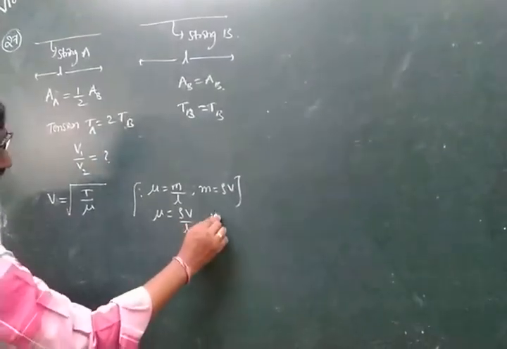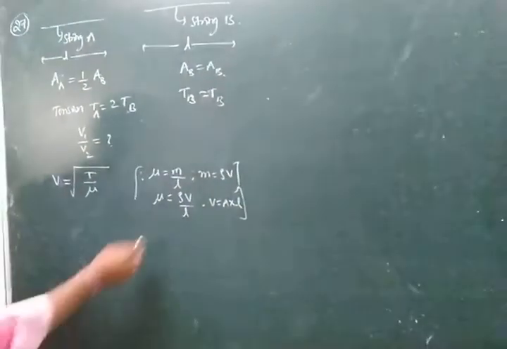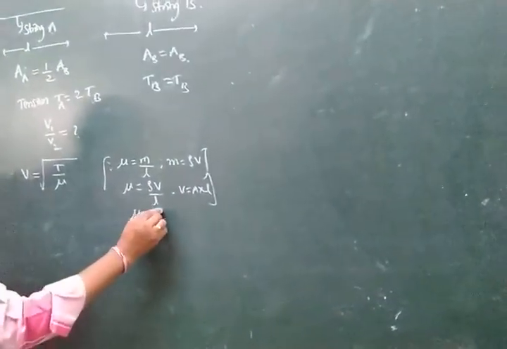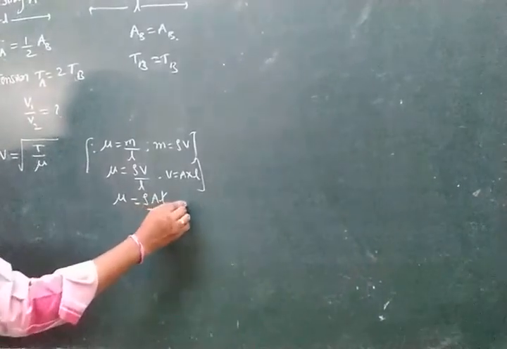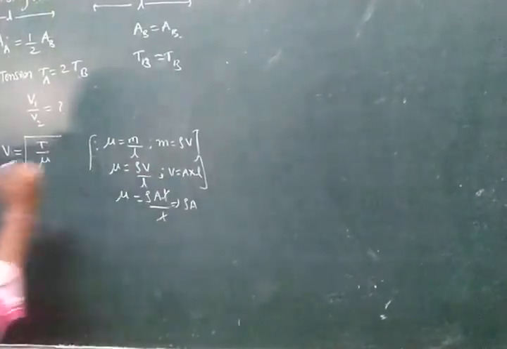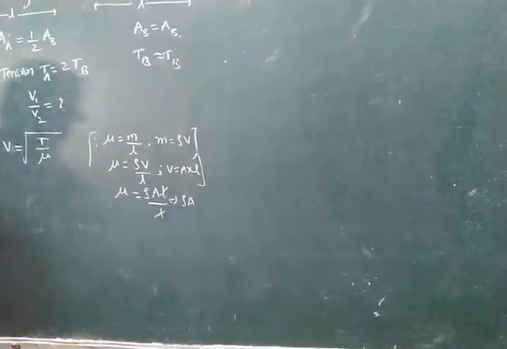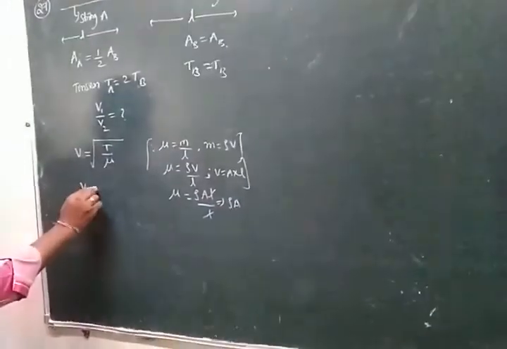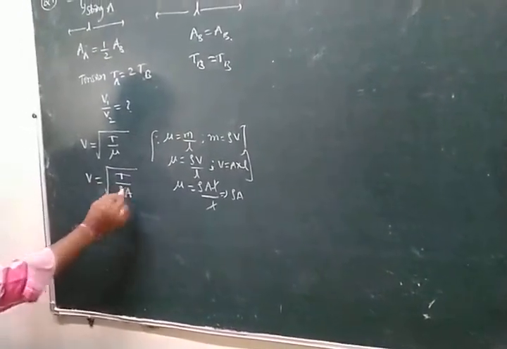Volume is area into length L, so nu is rho into A L by L. That means L cancels, and the linear density is equal to rho into A. Right, here V is equal to the square root of T by rho into A.